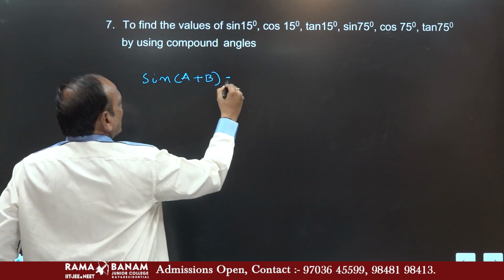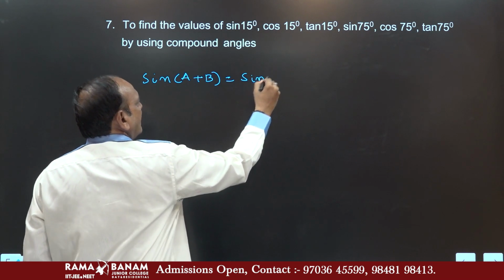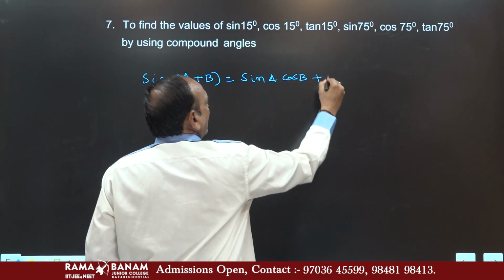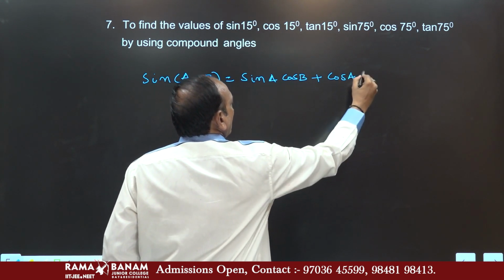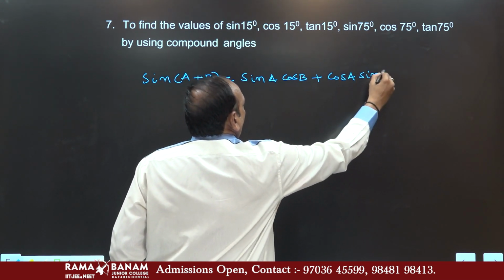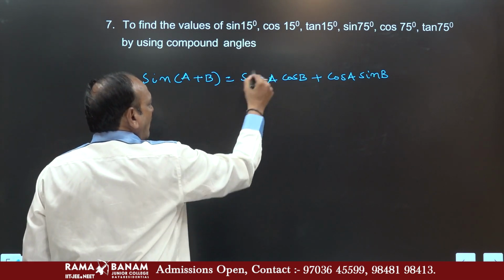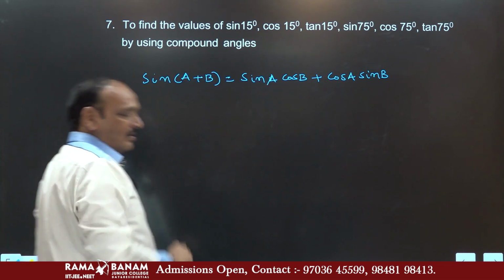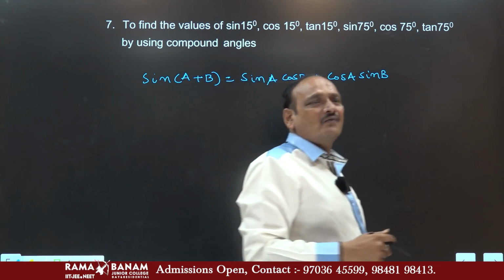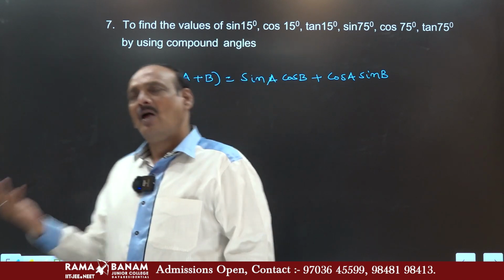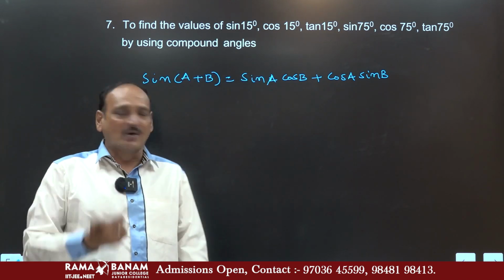Sin of a plus b is nothing but sin a cos b plus cos a sin b. This formula is important, called the compound angle: addition or subtraction of more than one angle. More than one angle means two angles, three angles, whatever. We call them compound angles.